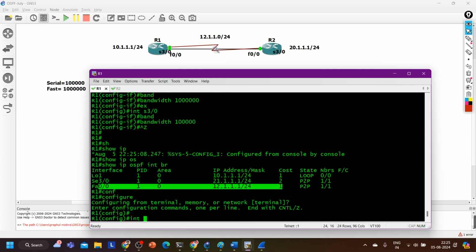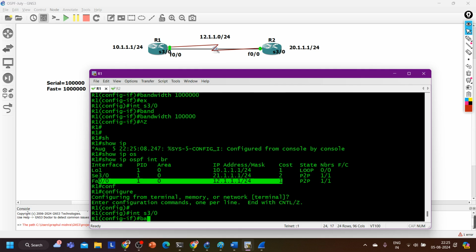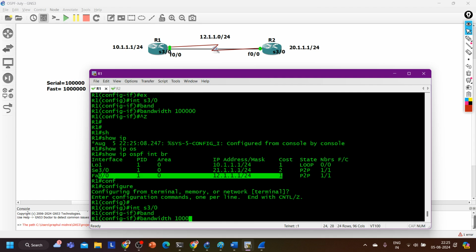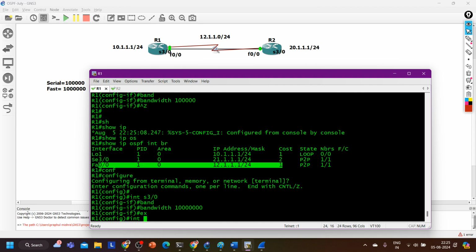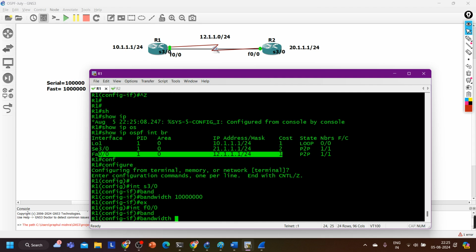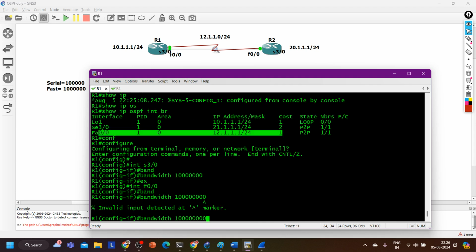But now what I am going to do, on serial 3/0 and on Fast Ethernet 0/0, is set bandwidth. Actually, by default, the reference bandwidth is not the same on router 2 and router 1. That's why it is calculating a different cost. Leave it.